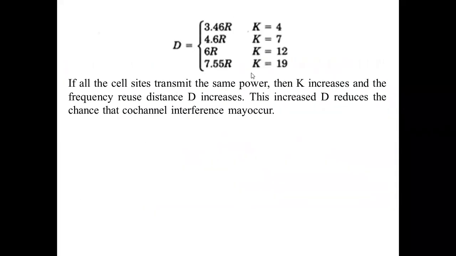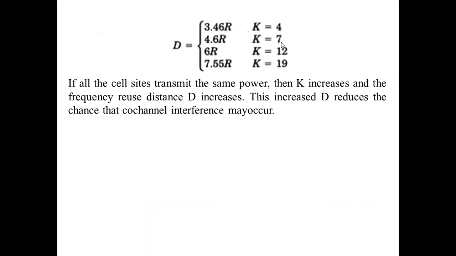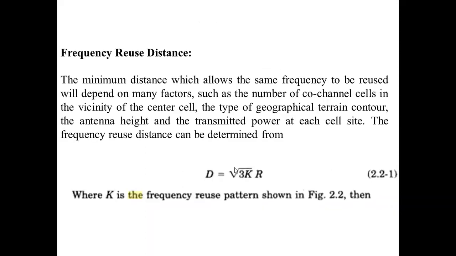D is 3.46r if I put the k value here as 4: the square root of 3 into 4, that is the square root of 12, which gives 3.46, multiplied by r. Similarly, if I take 12, then 3 into 12 is 36, and the square root of 36 is 6.